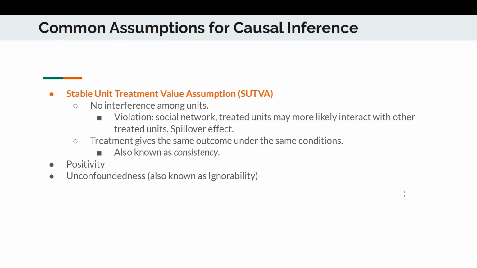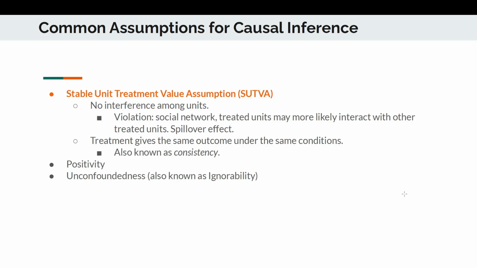Similar to the causal discovery task, we have some assumptions for causal effect estimation that help us execute the algorithms, which are the stable unit treatment value assumption. It means that there is no interference among units. In other words, a treatment gives the same outcome under the same conditions. There are no unknowns. Social networks are a violation of this because interaction between treated groups can cause a spillover effect.